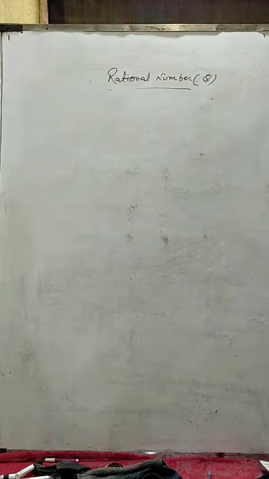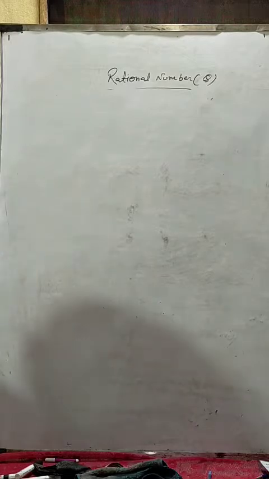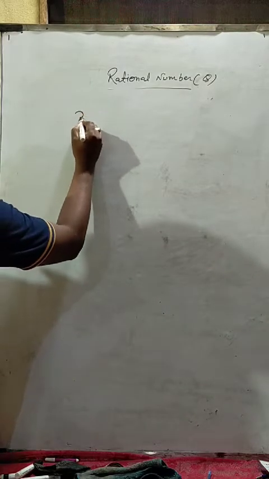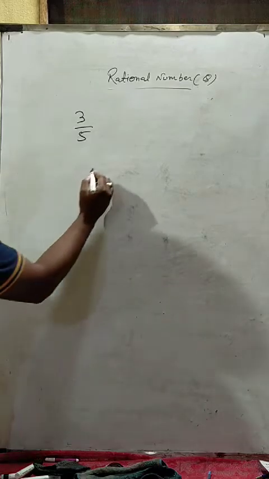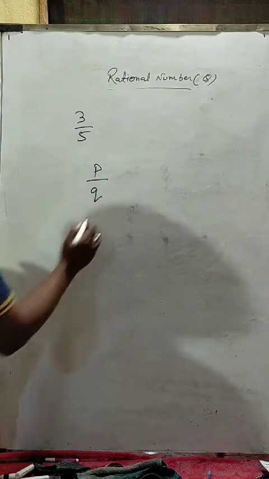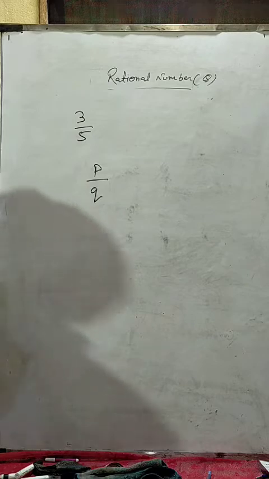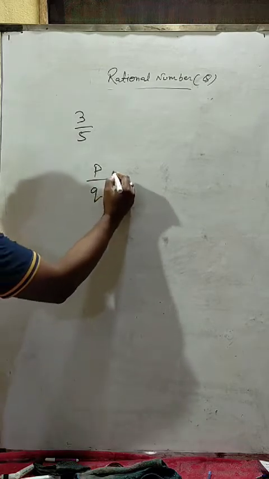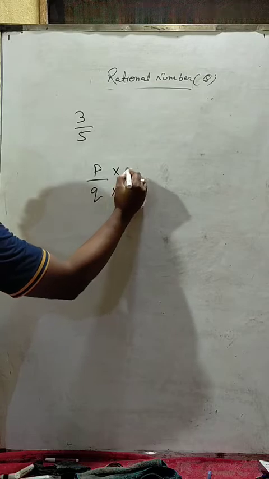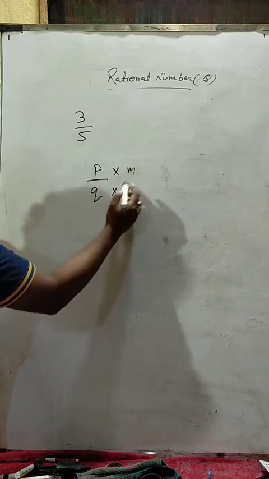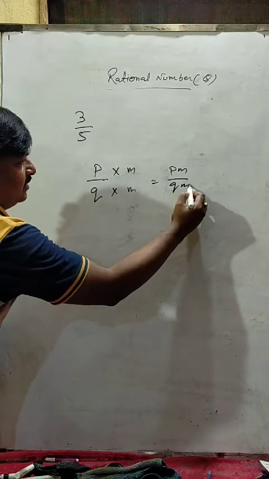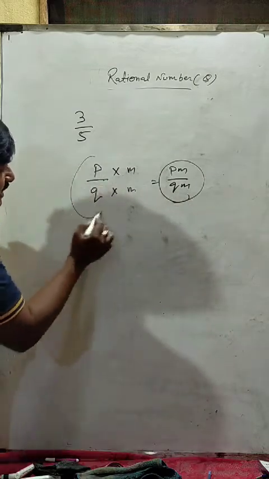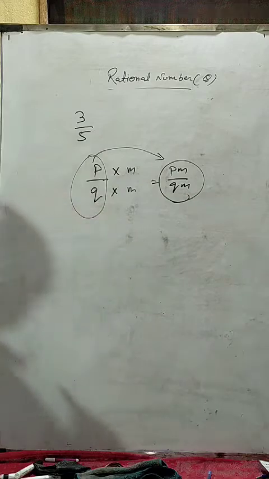Now, equivalent rational number. Suppose here 3 by 5 is given. If P by Q is a rational number, and P and Q both are multiplied by the same number, the numbers obtained are called equivalent of this rational number.